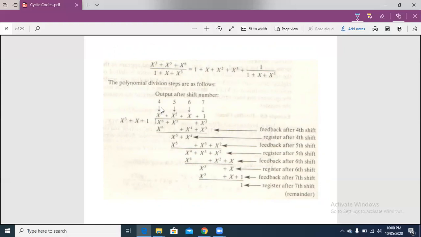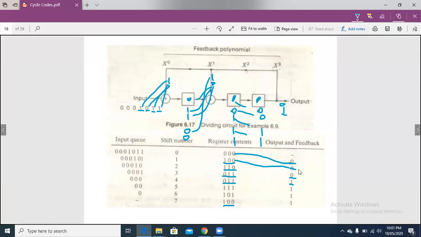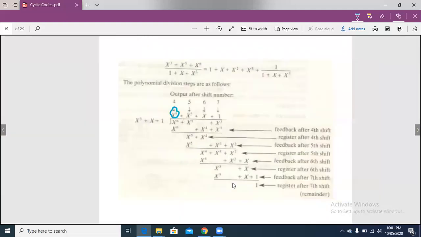This is in fact the output at the 4th shift. Up to the 3rd shift, we have the value 0. So we have the first value at the 4th shift, which is x4. And the contents of this register are 011.